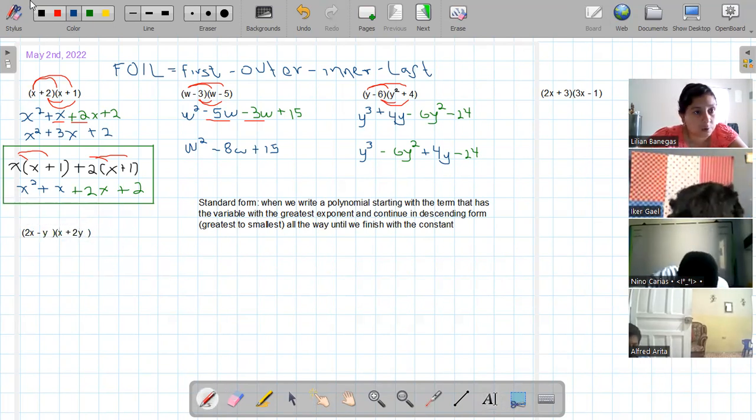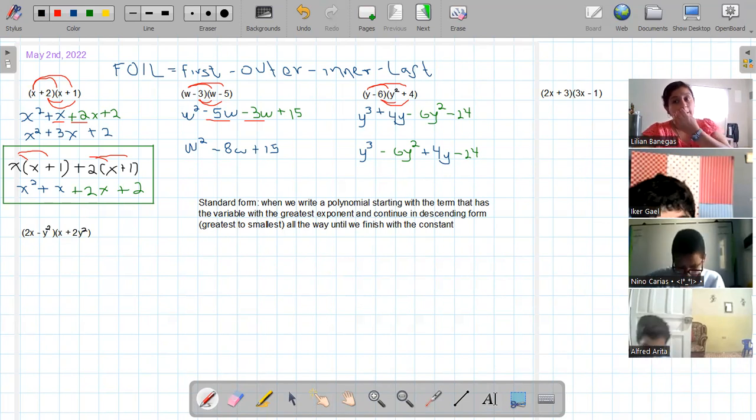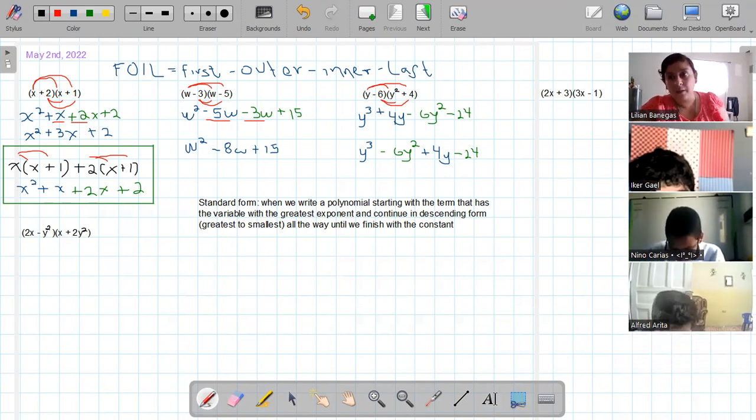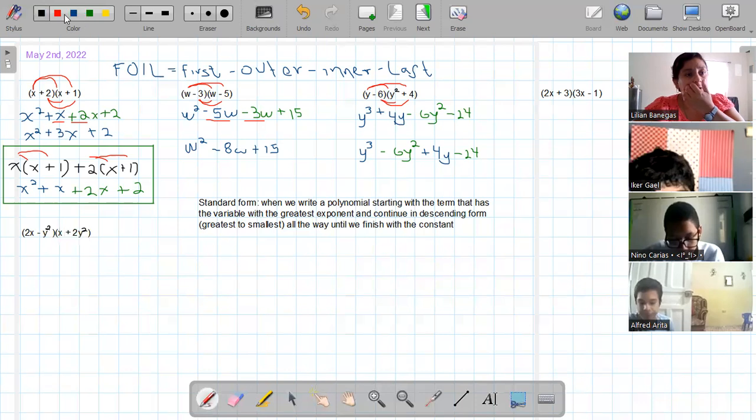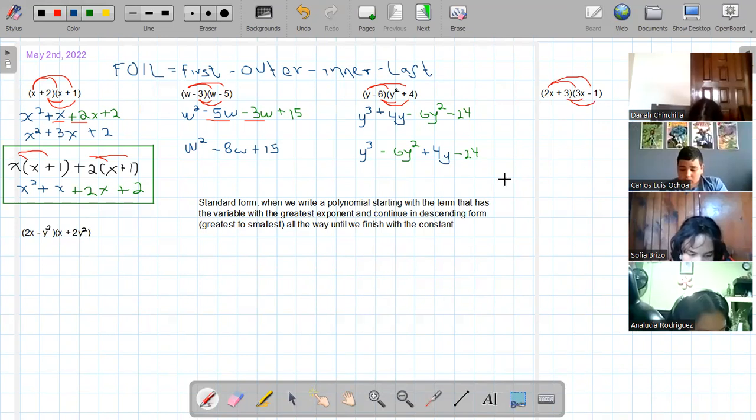So I'm going to add those exponents over here that I didn't add at the beginning. So let's continue with this fourth exercise. Now we're still going to do the FOIL method. I'm going to continue to multiply the first term times everything inside the second parenthesis and the second term with everything inside the second parenthesis. Now we're going to multiply. How much is 2x times 3x?